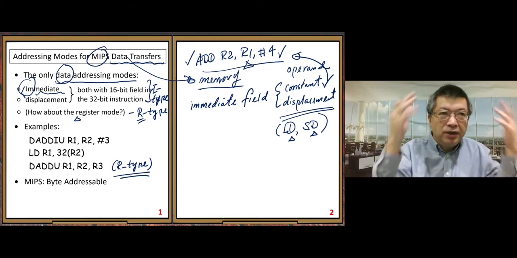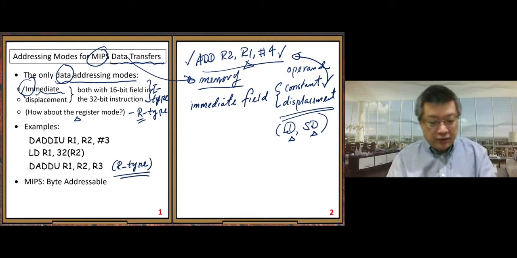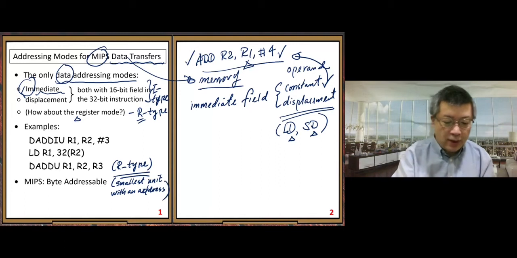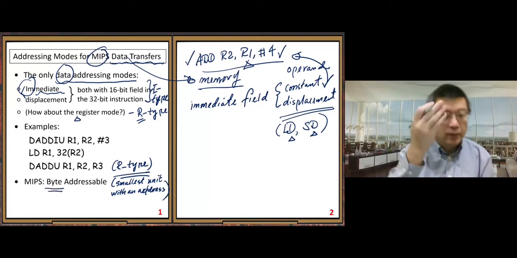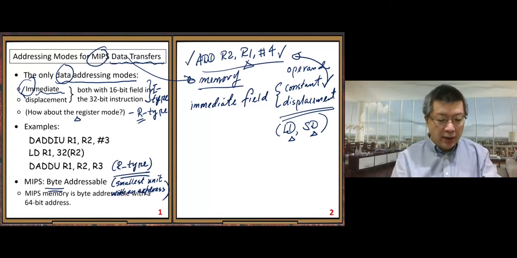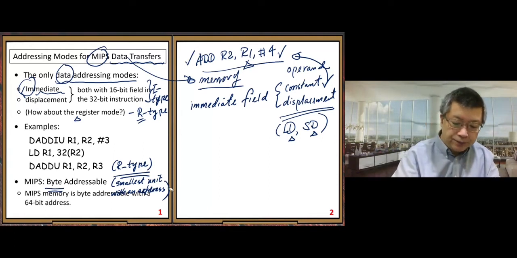The byte is the smallest unit with an address, so we call it byte addressable. That's a property.